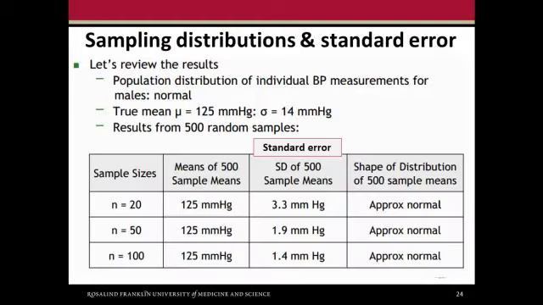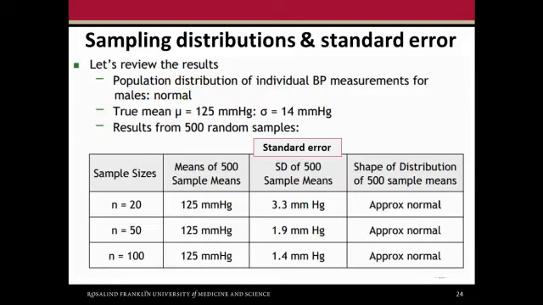So let's review what we looked at here. The population distribution of the original individual blood pressure measurements for men was normally distributed, and the true mean population blood pressure was 125 millimeters of mercury, with a standard deviation of 14. And then when we took our 500 random samples, you can see on the table the sample sizes are listed on the left side.